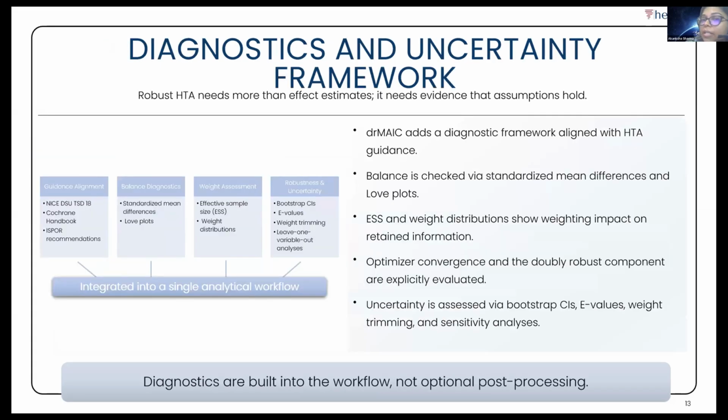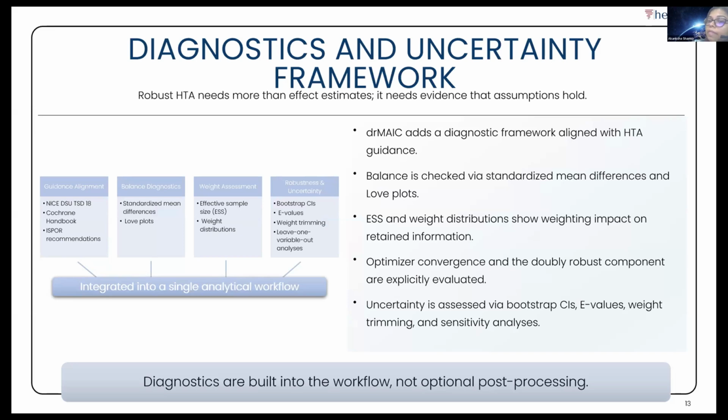Robust HTA analysis needs more than a treatment effect estimate. It needs evidence that the assumptions were actually checked, and drMAIC bakes that in rather than treating it as optional. There are four integrated categories: guidance alignment following NICE TSD 18, the Cochrane Handbook, and ISPOR. Balance diagnostics using standardized mean differences and love plots.